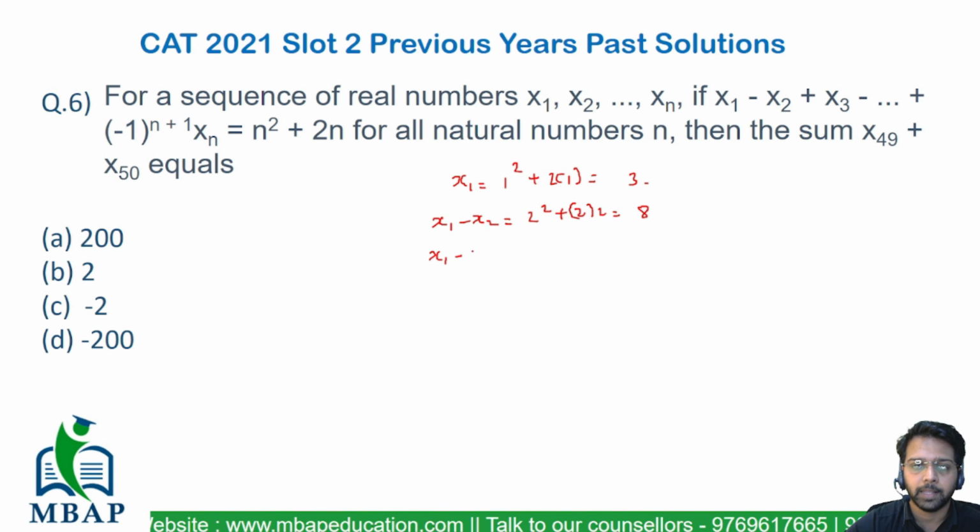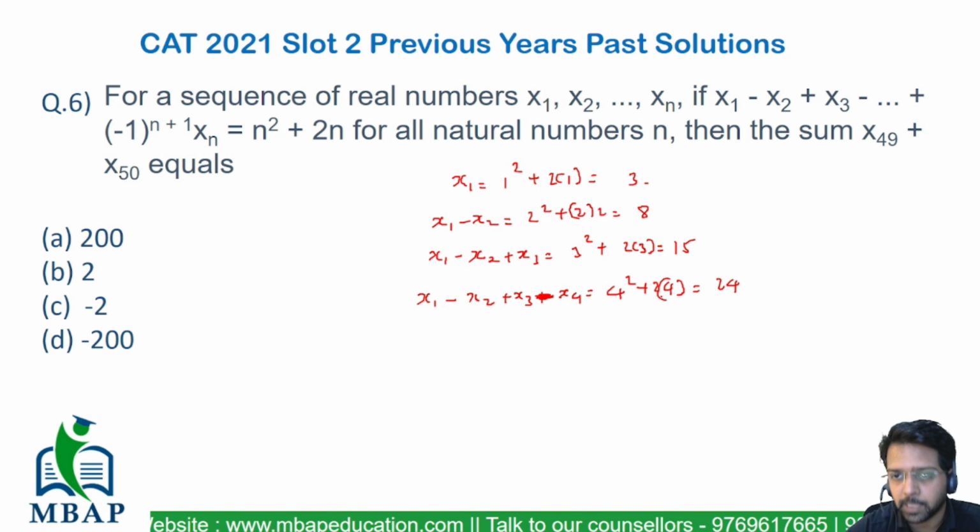Moving ahead, let's see if we can solve x1 minus x2 plus x3. This value will become 3 square plus 2 times 3, which will be equivalent to 15. Let's see one more expression, x1 minus x2 plus x3 minus x4 should be equal to 4 square plus 2 times 4, which will be equivalent to 24.